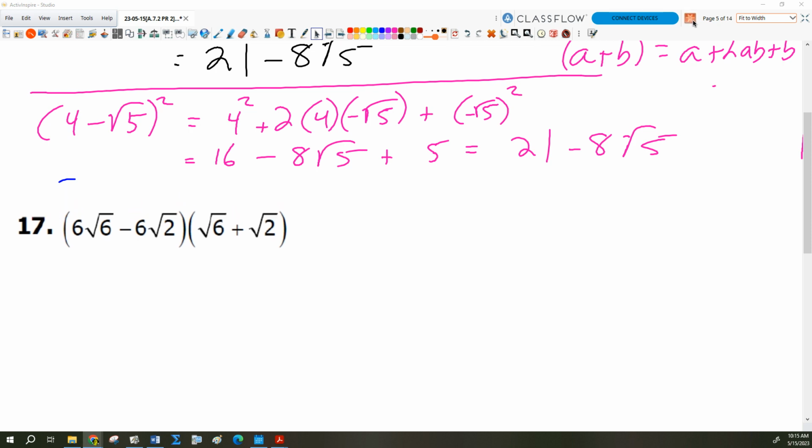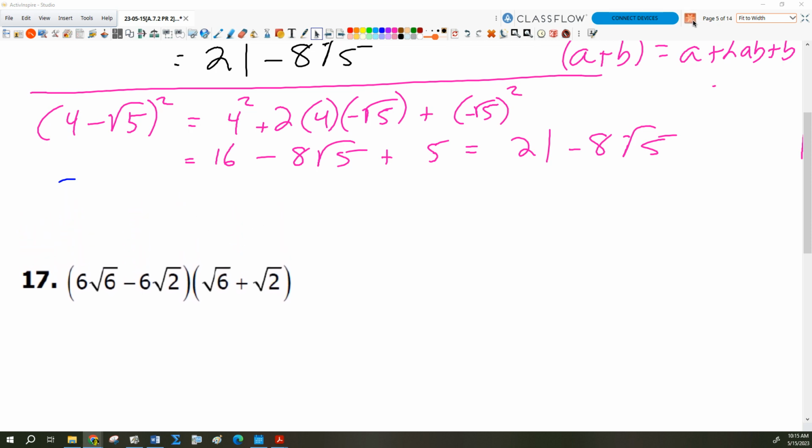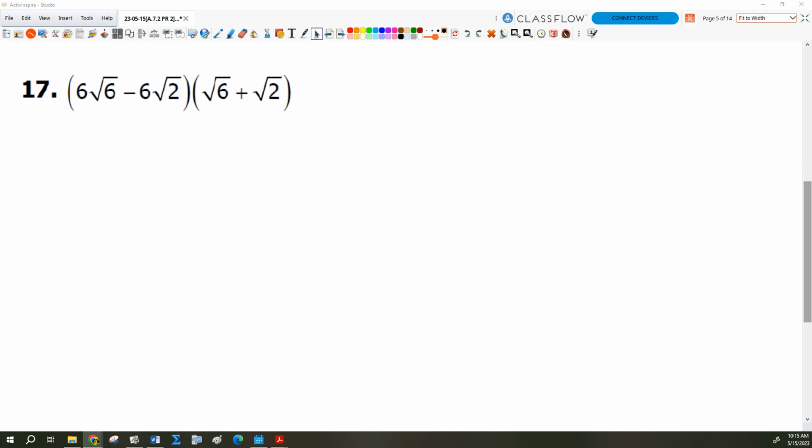what about one like this? Really no big deal. Same kind of thing. What would I do here to multiply these binomials out? Foil it out, sure, foil it out. Okay, so Miranda, what do I get when I distribute, when I'm foiling, if I distribute the 6 radical 6 to the radical 6?